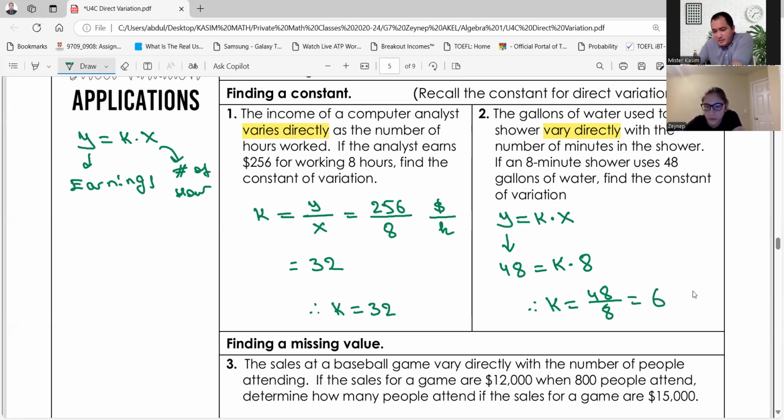So the 6 means 6 gallons of water every minute. Every minute you are using 6 gallons of water. Does it make sense? It's a really easy question, direct variation problems, very easy stuff.